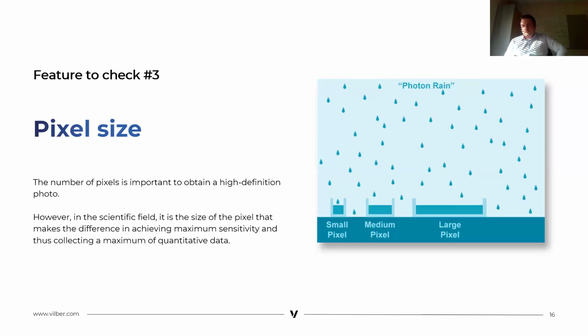The pixel size of the Fusion Absolute is very, very large. It's 8.6 micrometers per side. Normally, a regular camera is around 3 micrometers. So with our camera, it's possible to detect low and high quantities of protein without saturation.